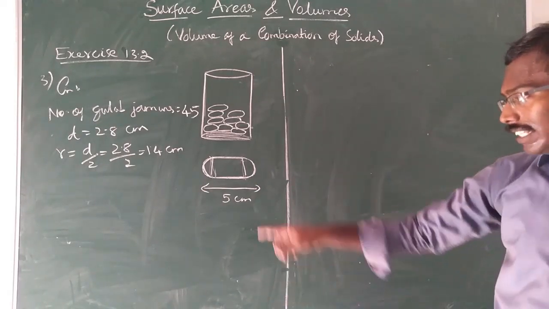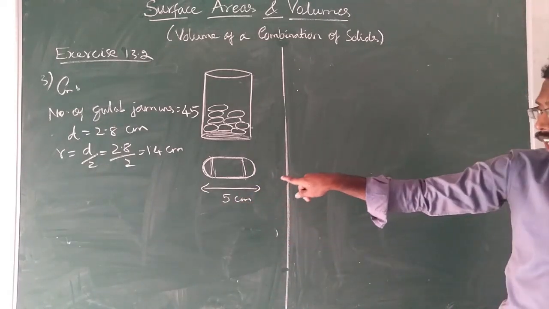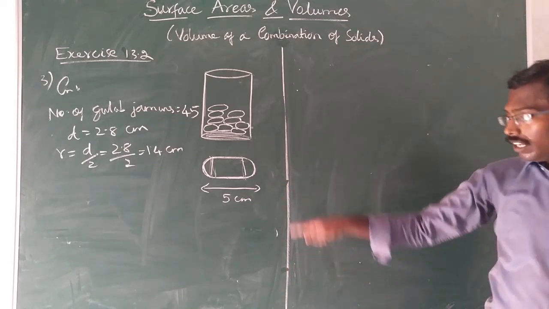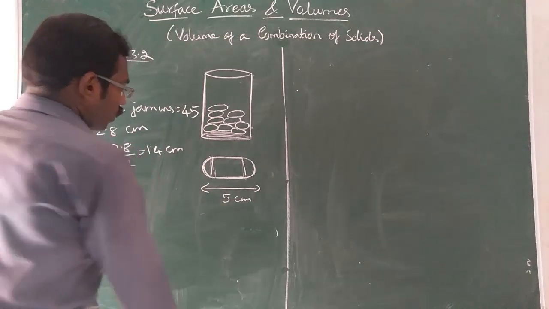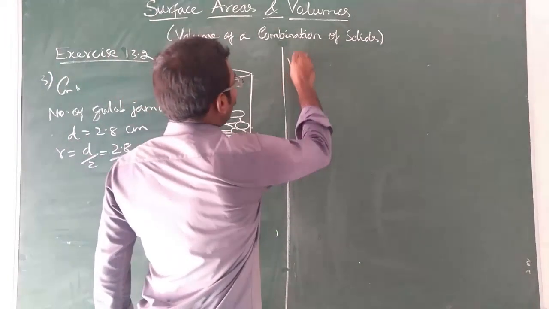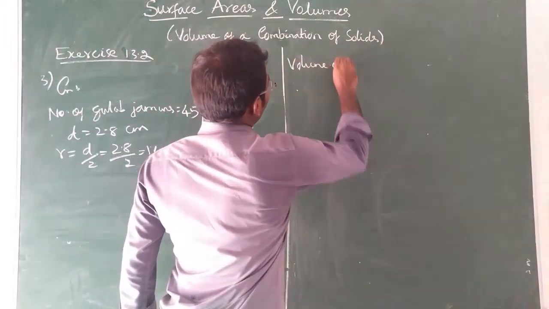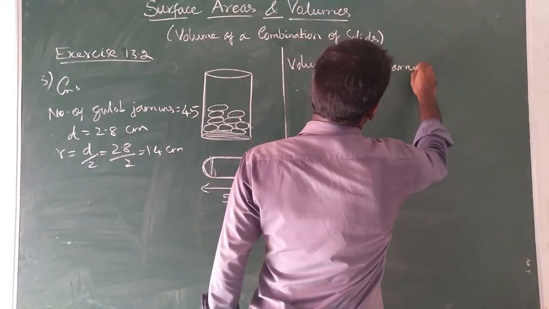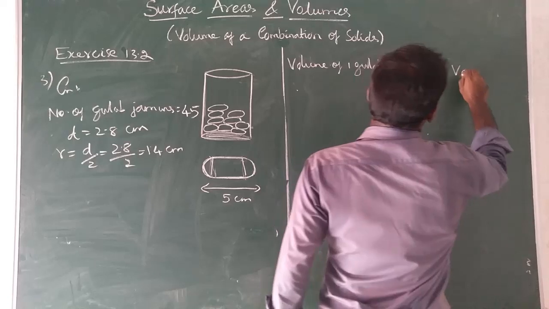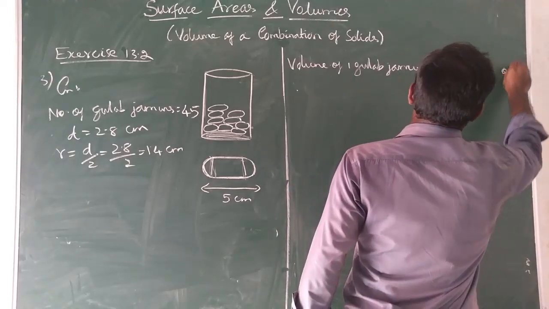We will solve this. First, let us try to find the volume of this shape. Okay, volume of one gulab jamun. So one gulab jamun, let me write here. So volume of one gulab jamun is equal to volume of, what are the shapes here?